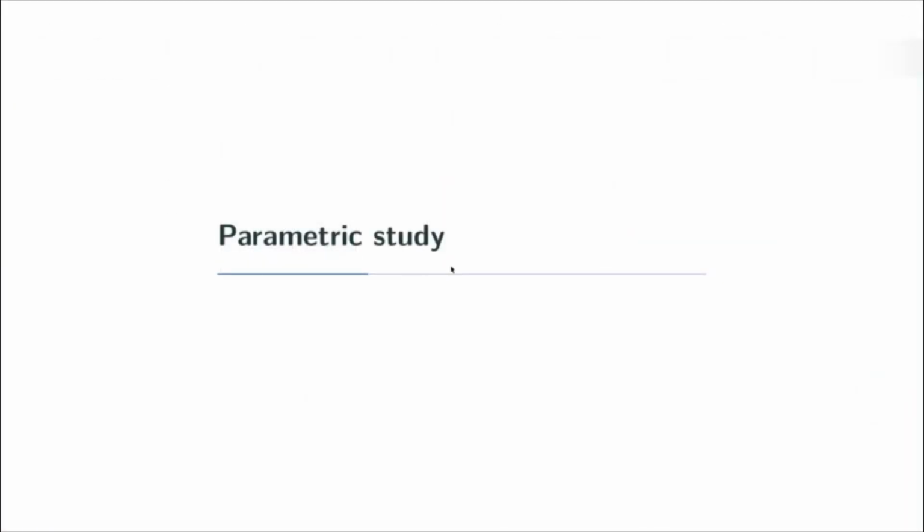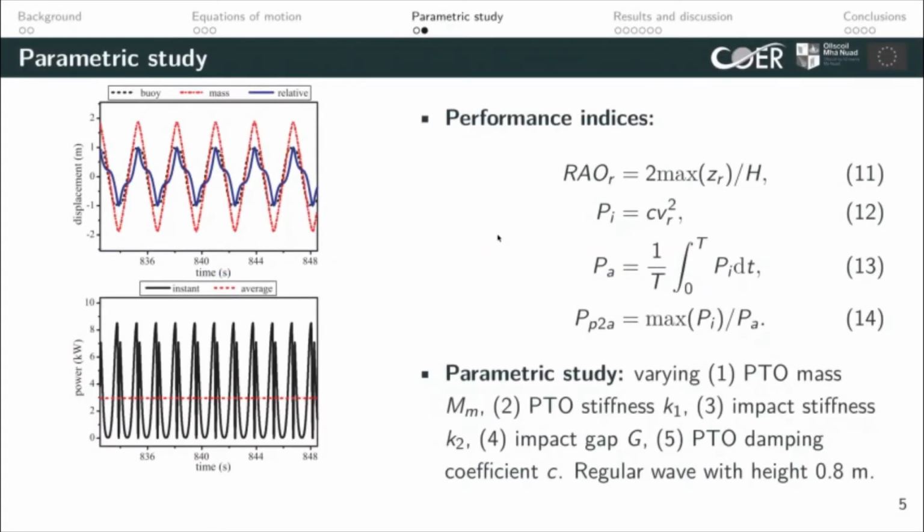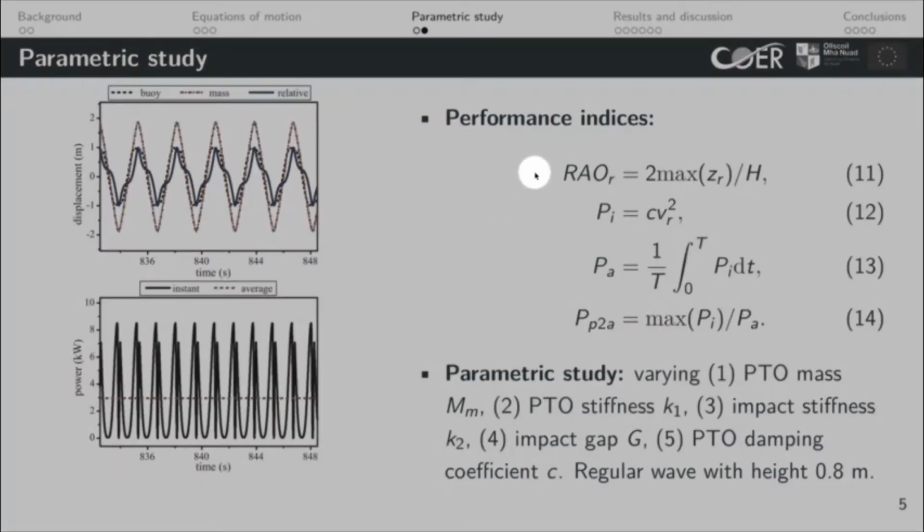Based on the modeling, a parametric study has been conducted to evaluate the system performance. Here we define the relative response amplitude operator to represent the system dynamics, and we also define the instant power and the average power to represent the main output of the system.